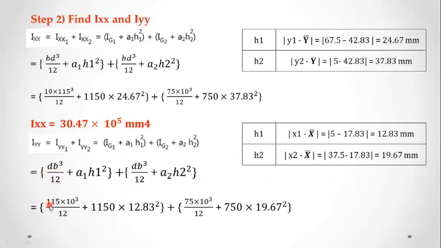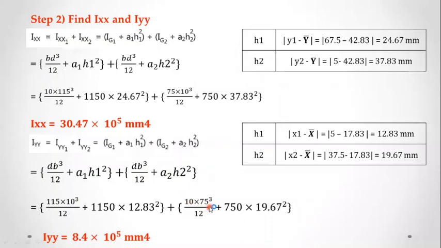So D of the first rectangle is 115, B of the first rectangle is 10. The area of the first rectangle, H1, we have calculated as 12.83. Now B and D of the second rectangle: D value is 75 and B value is 10.